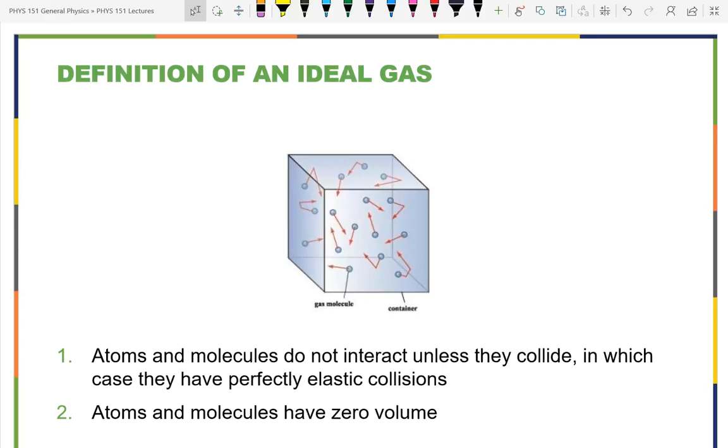How many people know what a googol is? Okay. A googol is 10 raised to the 100th power. And we have somewhere in the ballpark of 10 to the 25 molecules in the room. So that's why it'd be about the fourth root of a googol.